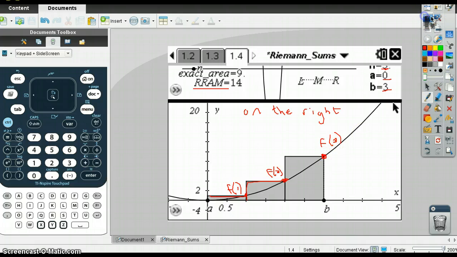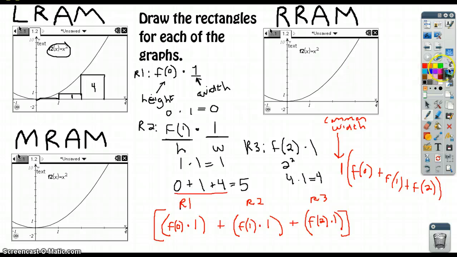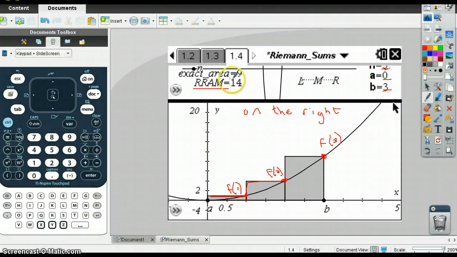So if we look back over here, rectangle 1 for our RRAM would start out being f of 1, and then f of 2, and then f of 3. So our rectangles would be quite over. If you look here, it says our RRAM is 14, because now we have this amount over, right?